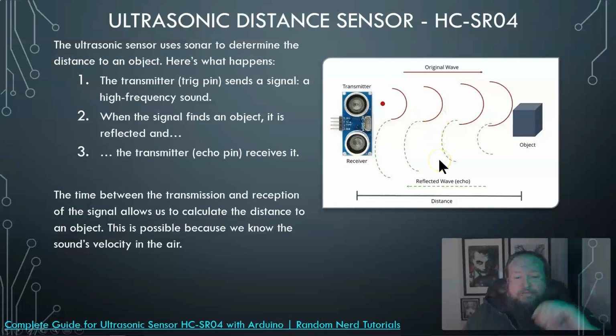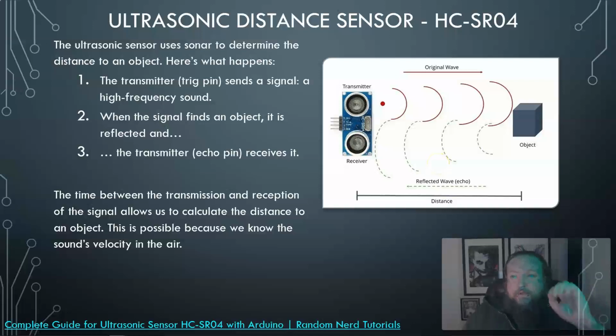At the same time as the transmitter sends out the signal, the echo pin is waiting, like a receiver waiting to receive that sound back on that same frequency. Based upon the speed of sound, you can roughly determine distance.